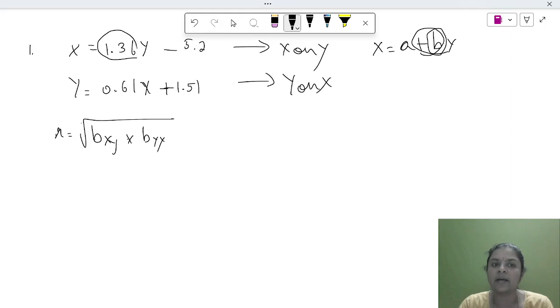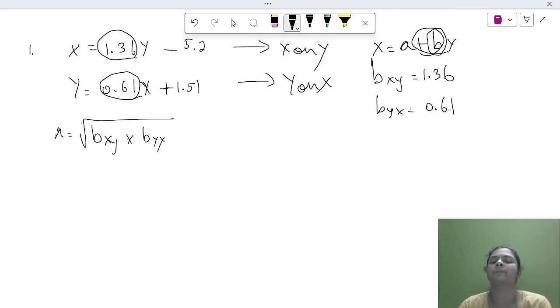So here in this case bxy is 1.36 and byx is 0.61. Condition number 1, both of these should be of the same sign. Are they of the same sign? Yes, satisfied. Condition number 2, work out root of 1.36 into 0.61. Calculate.